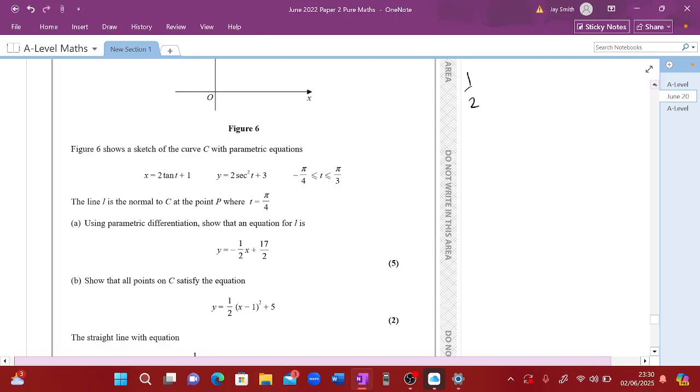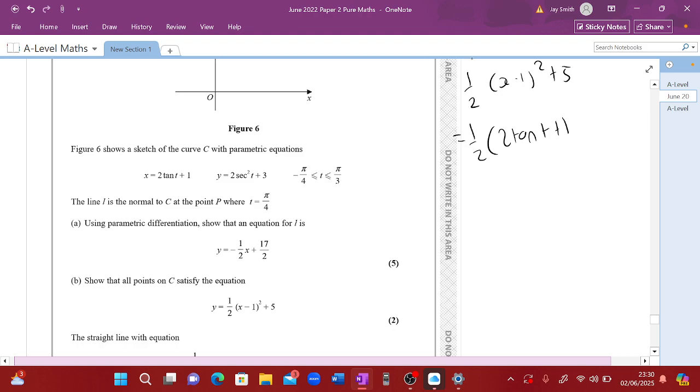So I'm going to say 1/2 of x minus 1, squared, add 5. That's going to be 1/2 of 2 tan t, add 1, minus 1, squared, add 5.